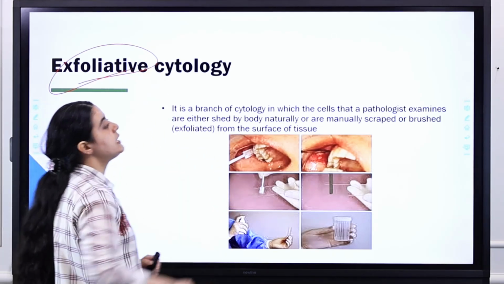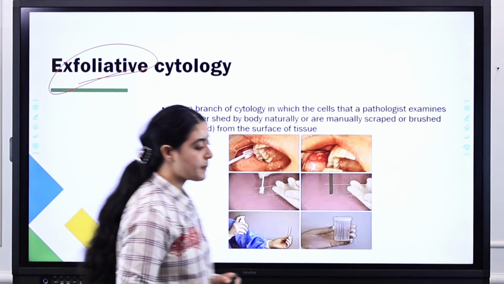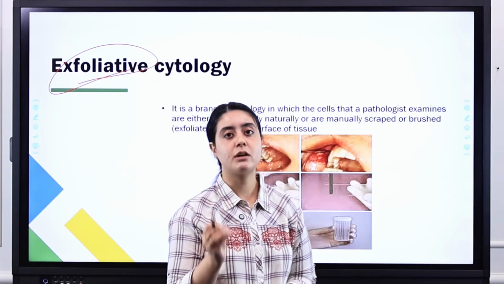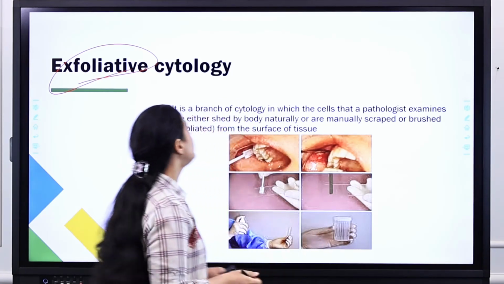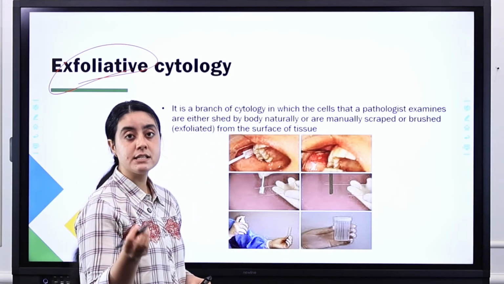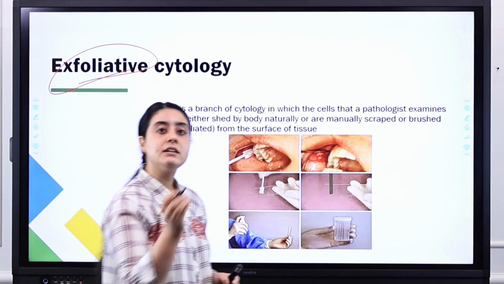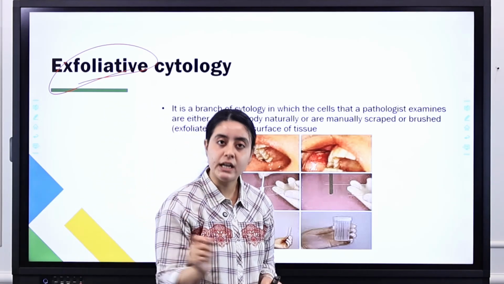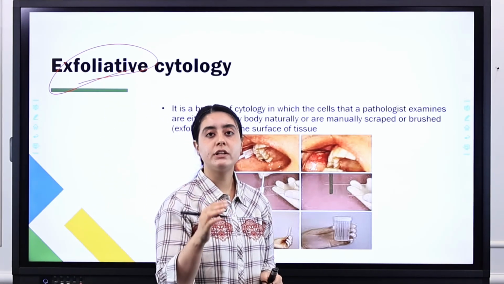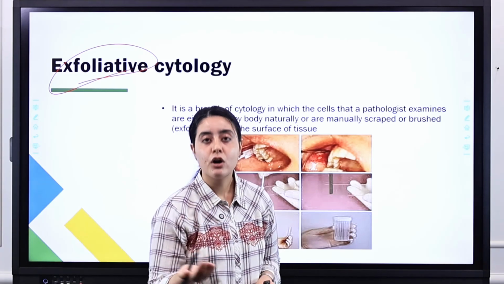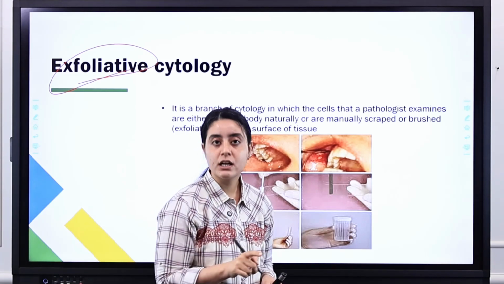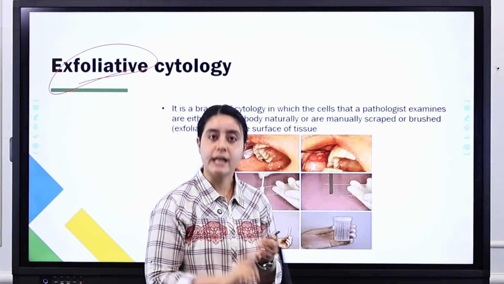It is a branch of cytology in which a technician or a pathologist deals with the cells which our body either naturally sheds or which have to be collected with the help of tools such as a blade or brush, using techniques known as brushing or scraping.